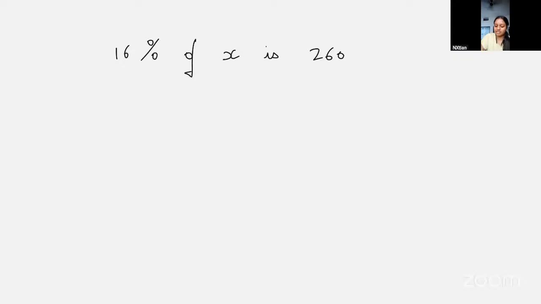See, 16% means 16 upon 100. Of x means just put an x. Okay, 16 upon 100 x is equal to 260, or just 16x upon 100 is equal to 260.